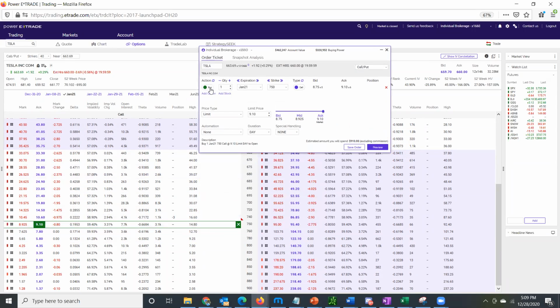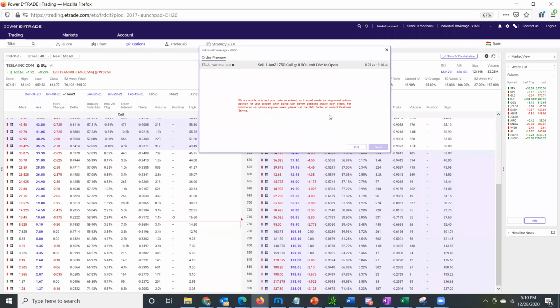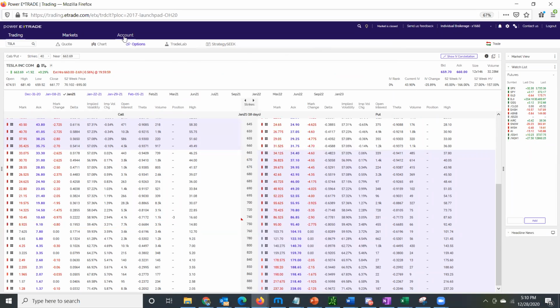So then you say sell, say 1, and this one, and say preview. Now, we are unable to accept your order as entered. It could be contract unsupported, because I don't have shares. I got it right. Okay, thank you.